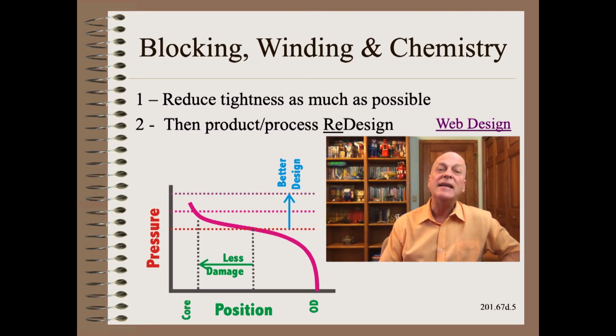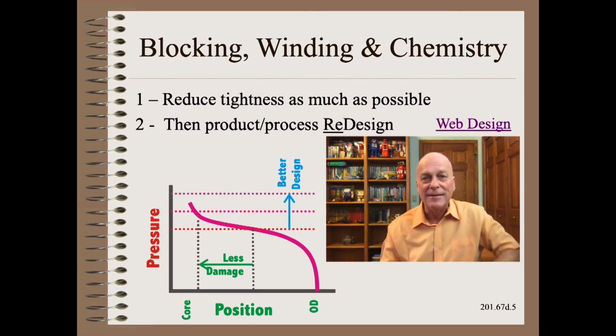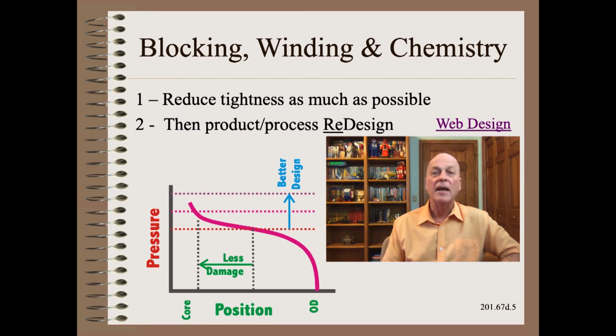This is a TTP problem, time, temperature, and pressure. The winding part is the easiest. Wind as loose as possible, particularly near the core. After that, you may need to redesign your web using DFM, Design for Manufacturability, which in this case means designing a web that can withstand normal winding pressures.